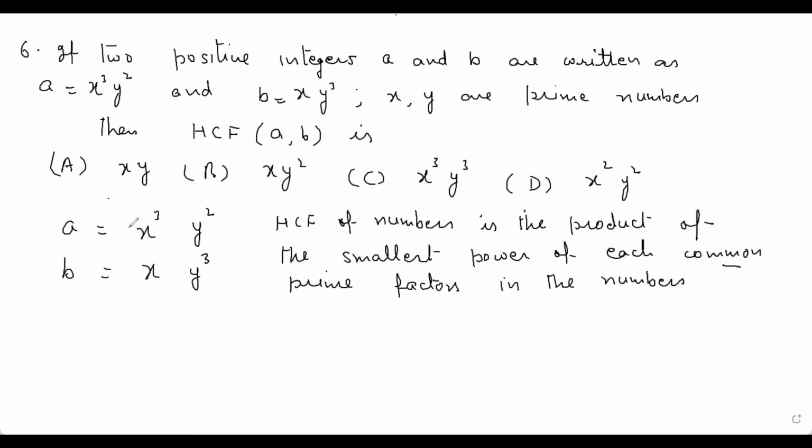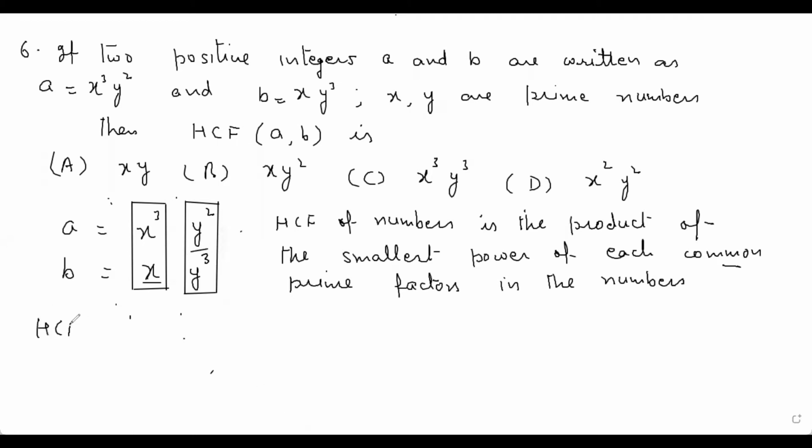Now, the common prime factors in a and b are x and y. Let me underline them. The smallest power of the common prime factor x is x raised to power 1, and the smallest power of the common prime factor y is y square.